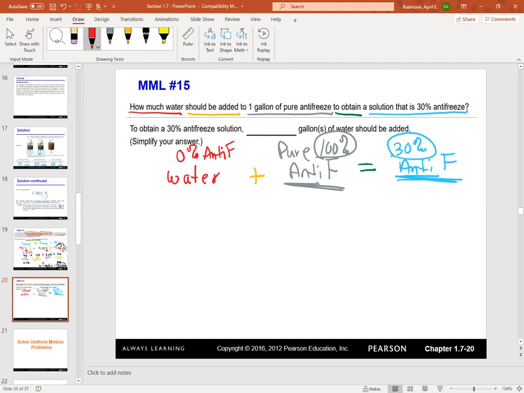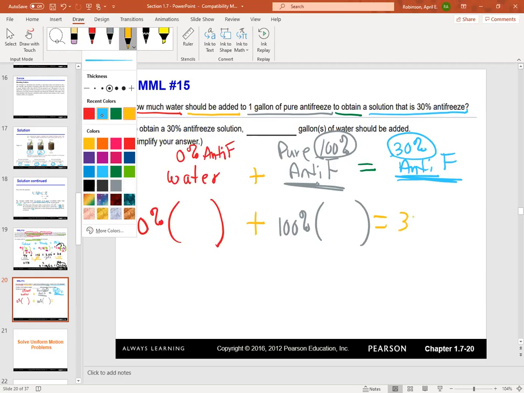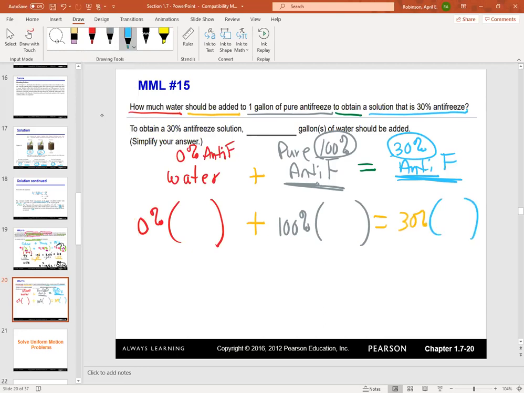I also know how many gallons of the pure stuff: 1 gallon. So I've got 0% water, 100% pure antifreeze, and then 30% of this mixture.